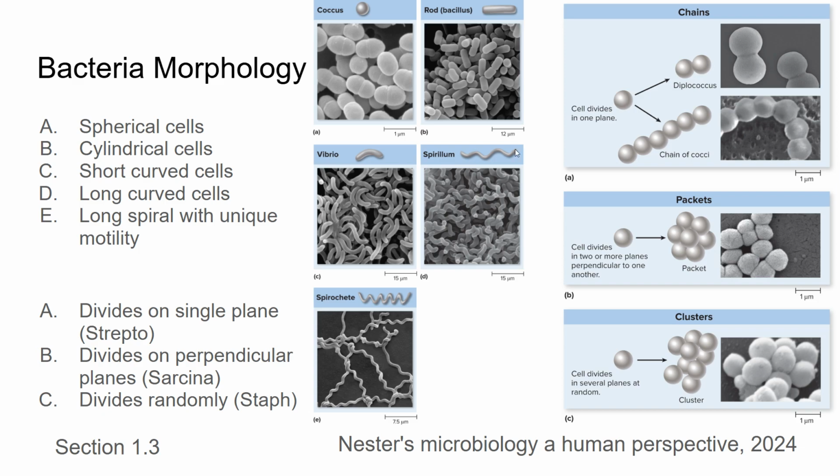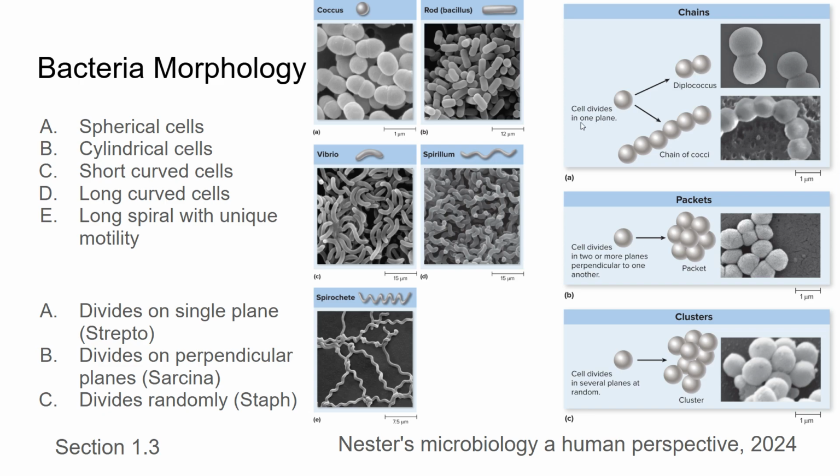Okay. Now over here, these different groupings are actually created because of how the cell divides. So if the cell is dividing in one plane, we call this binary fission with bacteria, by the way. So if a coccus divides, and it divides on one plane, one will go to the right, and the other will go to the left. And we can get a diplococcus. That means two cocci.